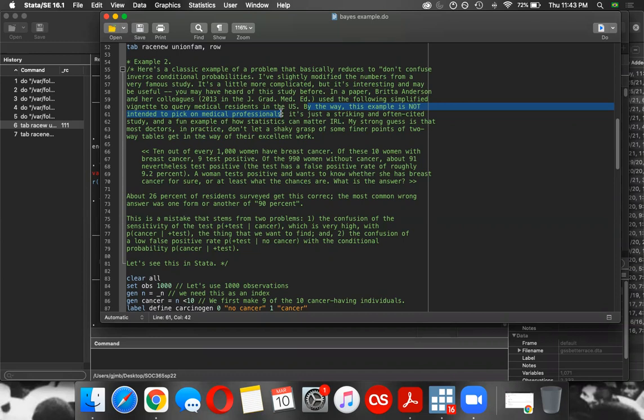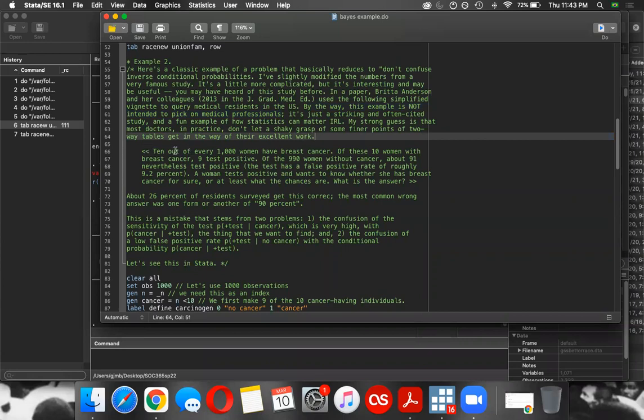Like, you don't have to actually understand the nuances here to come up with good diagnostic criteria. So I know it's kind of a long preamble, but since I'm going to present this example at some length, I did want to mention that this just happens to deal with the medical field, but it's not meant to pick on medical professionals. Okay, so now let's go ahead and go on to the setup.